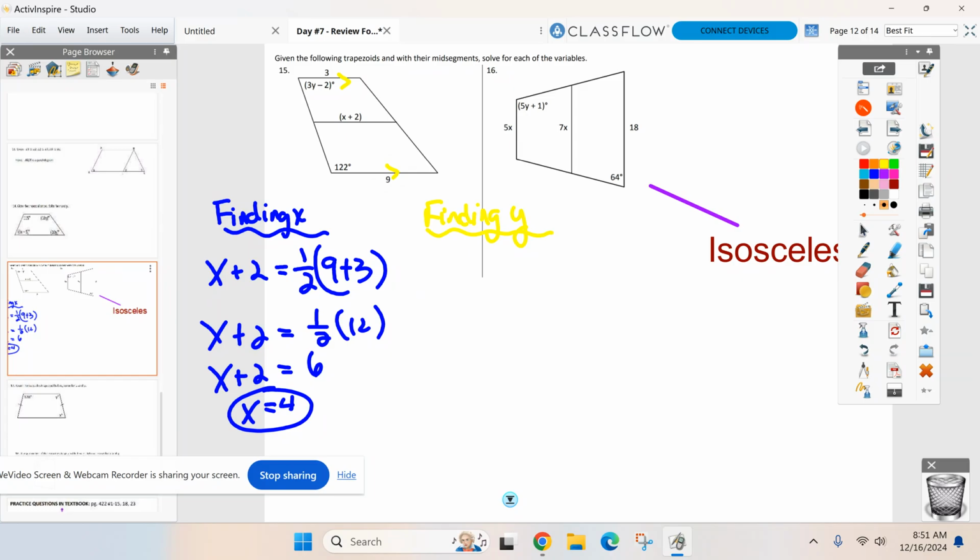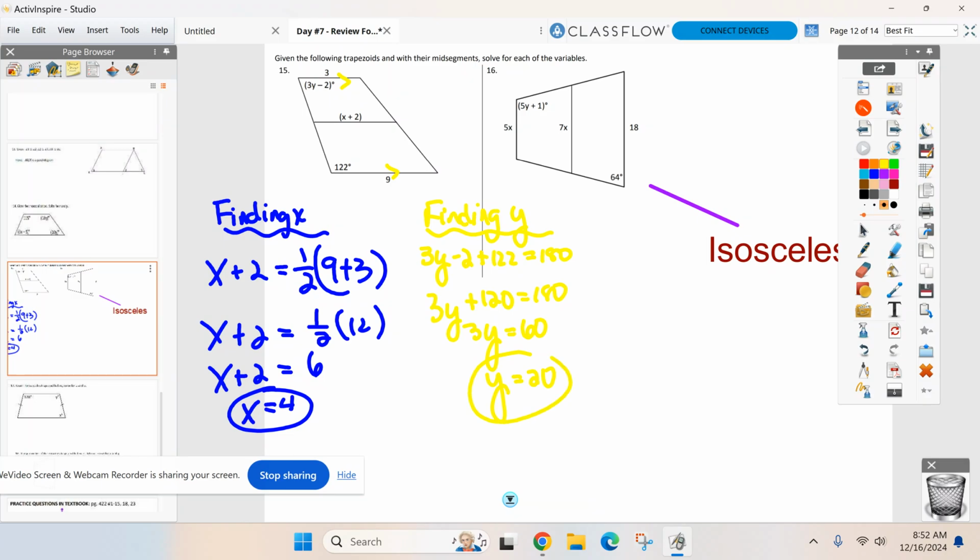Same side interior, so that makes them supplementary. 3y minus 2 plus 122 equals 180. And then y equals 20.